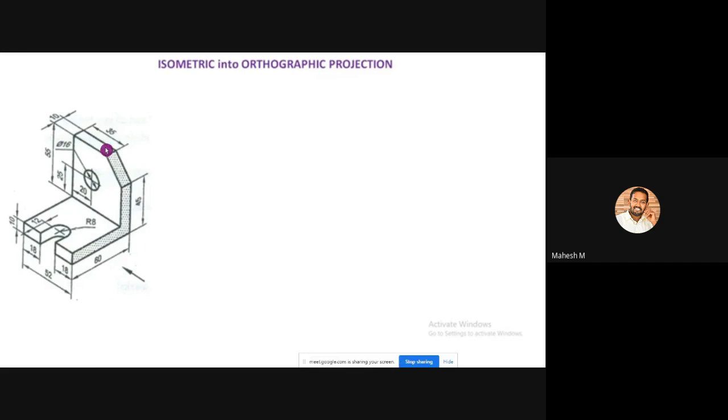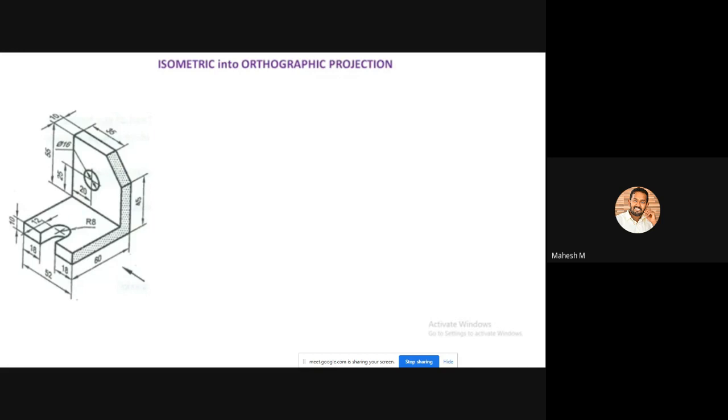The top view position is common for all the diagrams. That is, the diagram will not be common, but the position of the top view is common, and the diagram will vary for each and every component. But you have to be very cautious about the front view and side view.